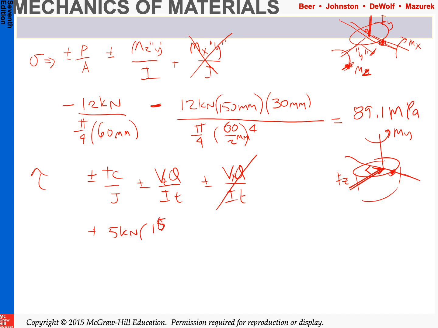This is 150 millimeters. That's our torque, our radius, and J, and Vq over It.